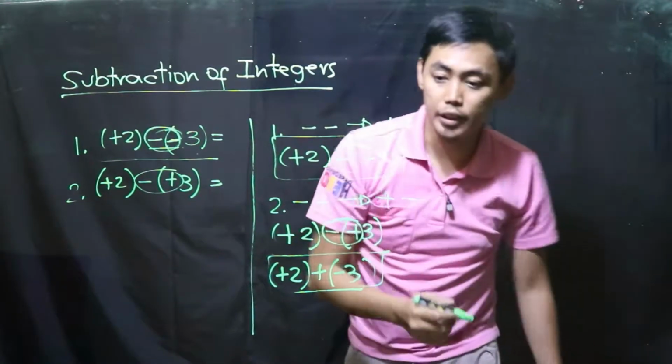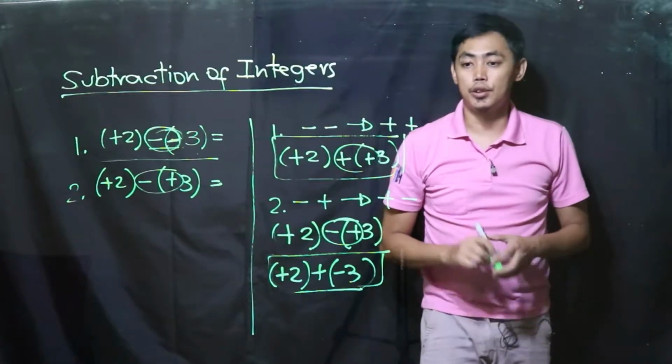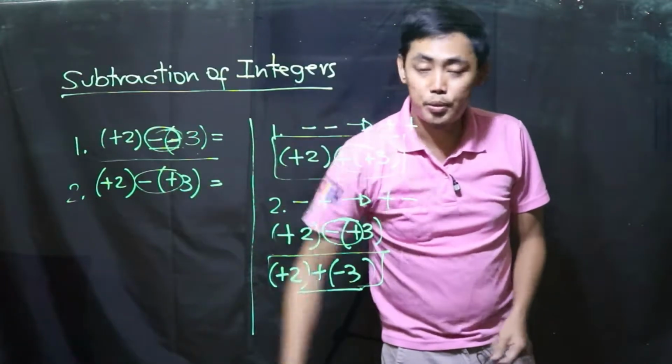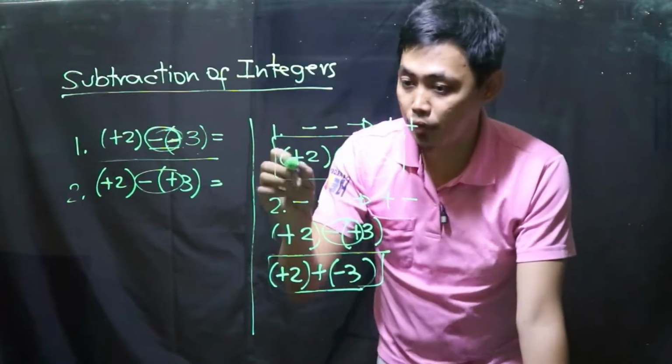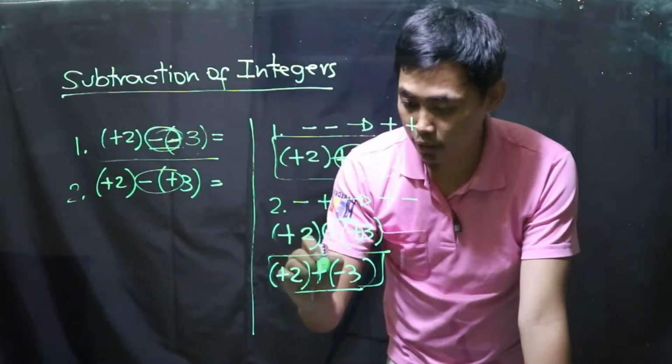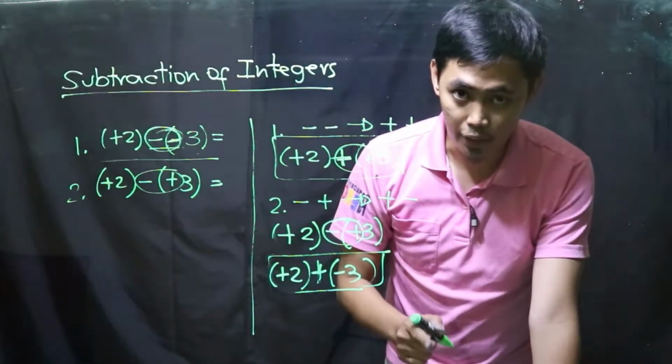So why are we doing this? We are doing this because the goal is to change the subtraction to addition. So if you have already changed it to addition, then you can use the rules of addition to find the answer. Okay?